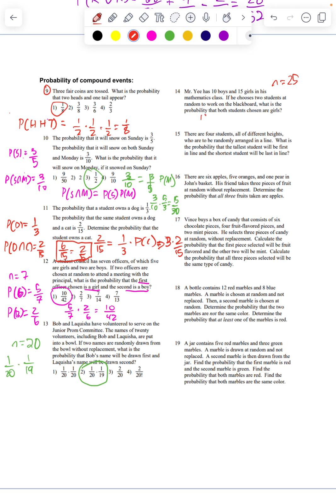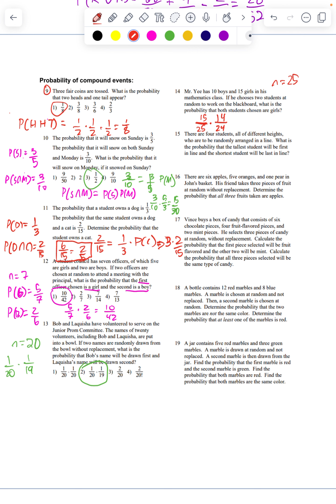So the first girl is going to be 15 out of 25. Now he chooses the second girl. So the 1 girl's gone. We can't just replace people like that. People are unique. So how many girls are left? There's 14 girls left. And how many people are left out of the pool? Remember, we already took one of the girls out.